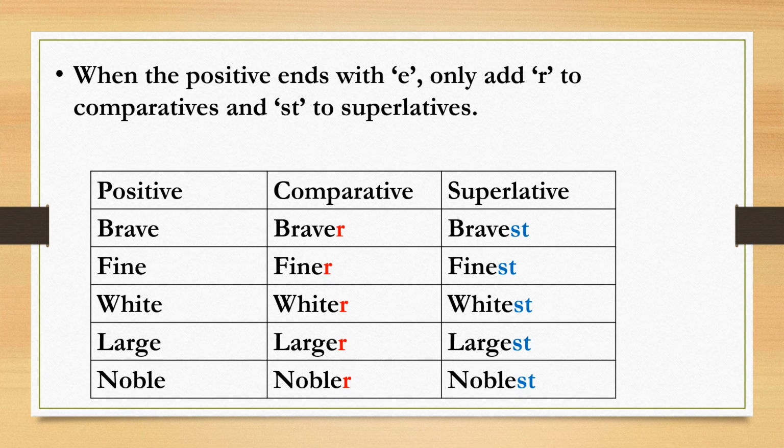Large in the positive becomes larger in the comparative and largest in the superlative. The word noble in the positive becomes nobler in the comparative and it becomes noblest in the superlative.